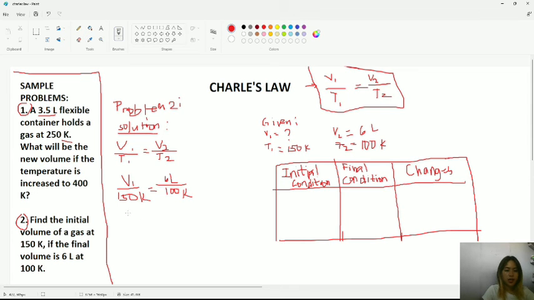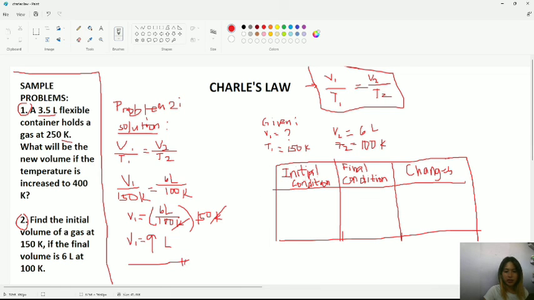So, we put the initial volume here, and 6 liters over 100 Kelvin times 150 Kelvin. The answer is the same whether you use shift solve or cross multiplication like this. Cancel out the same units. So, for the initial volume, we got 9 liters. This is the initial volume.